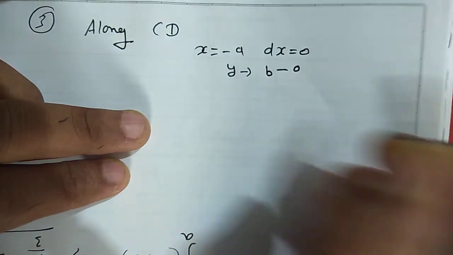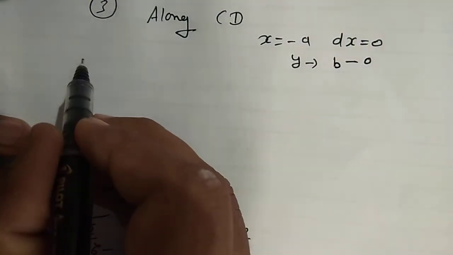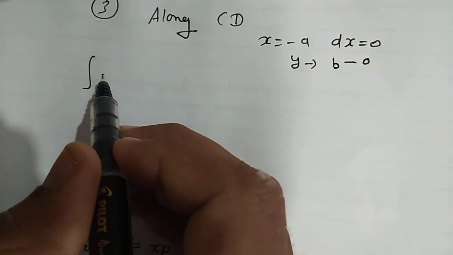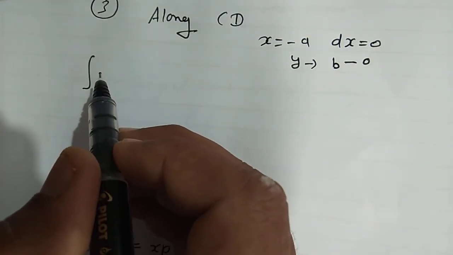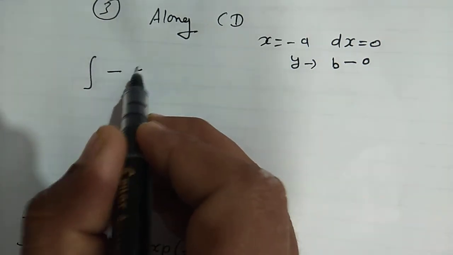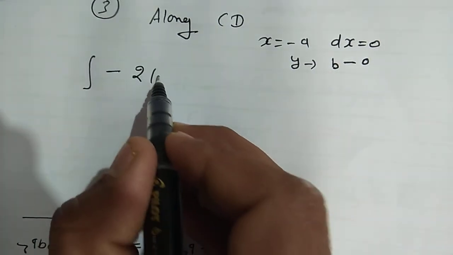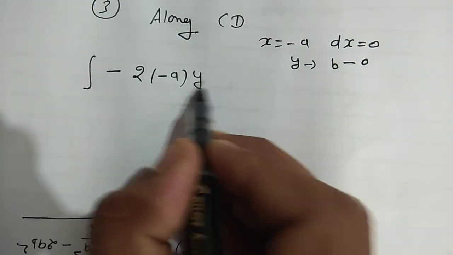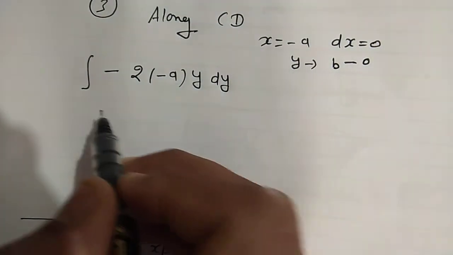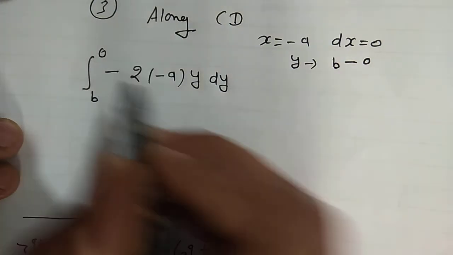So that line integral we have x square plus y square dx minus 2xy dy. So dx is 0, so here we have minus 2 into minus a and y dy from b to 0.